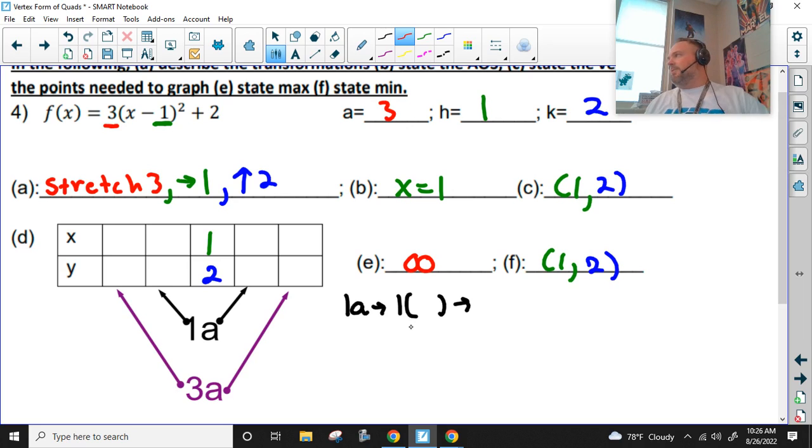So for our 1A ratio, if our A is 3, what is 1 times 3? 3. So we take this 2 and we add 3 to it, which is 5.